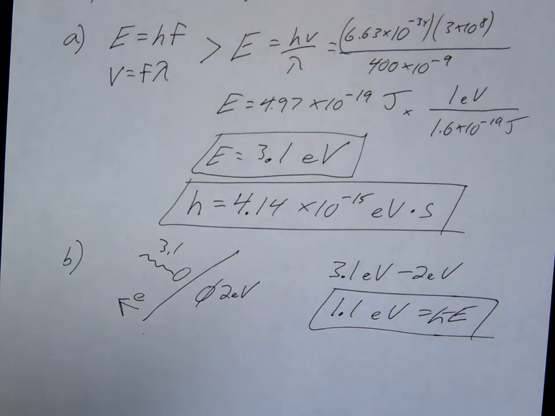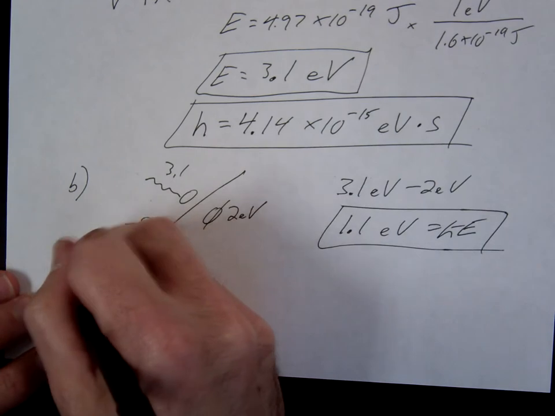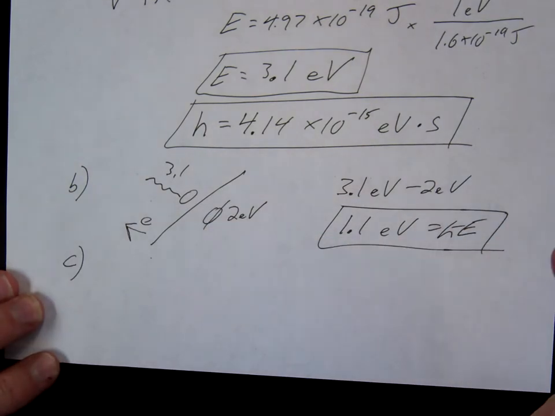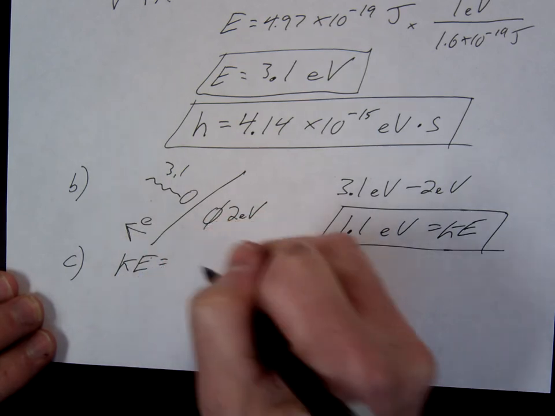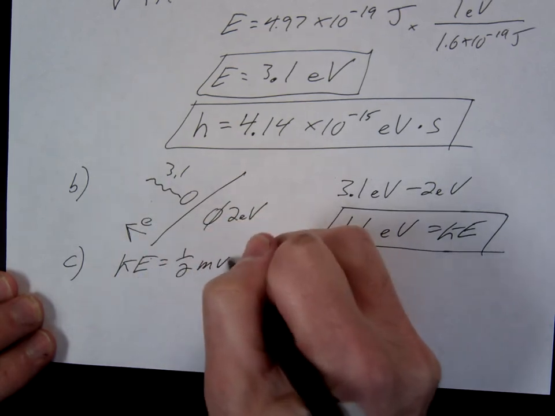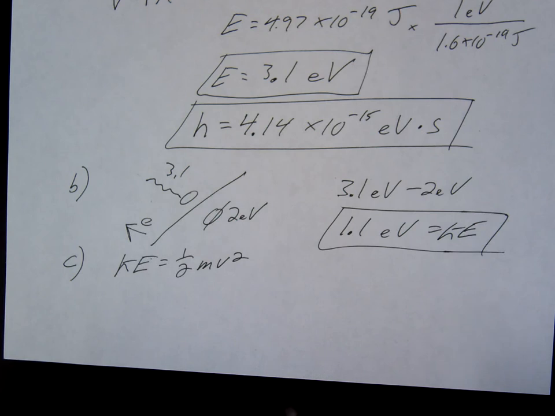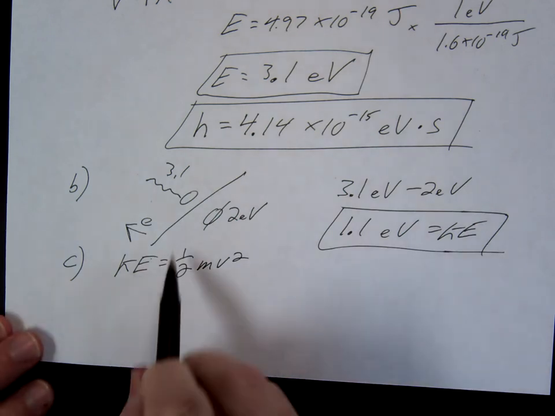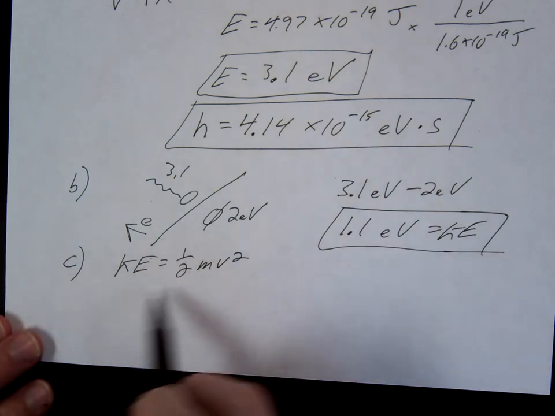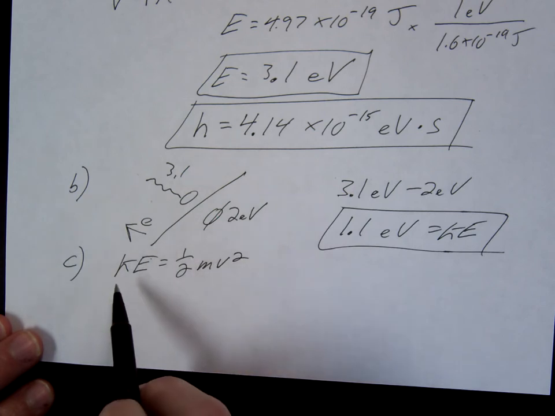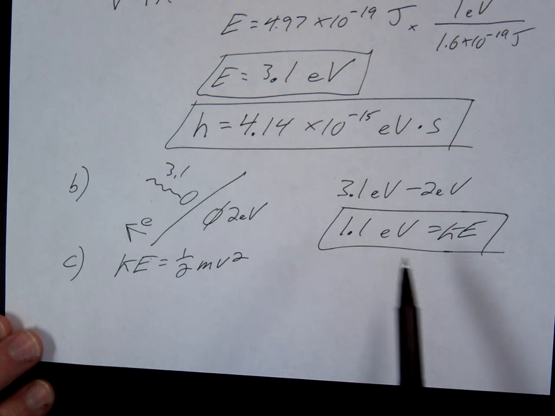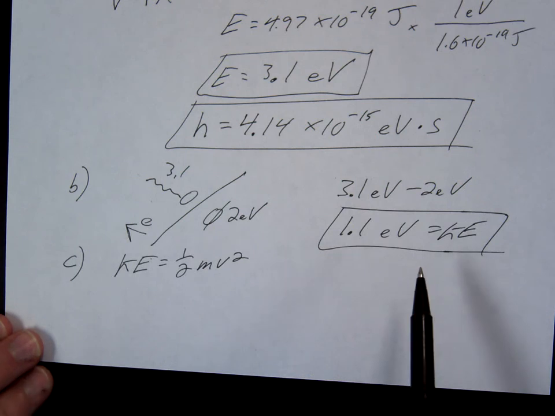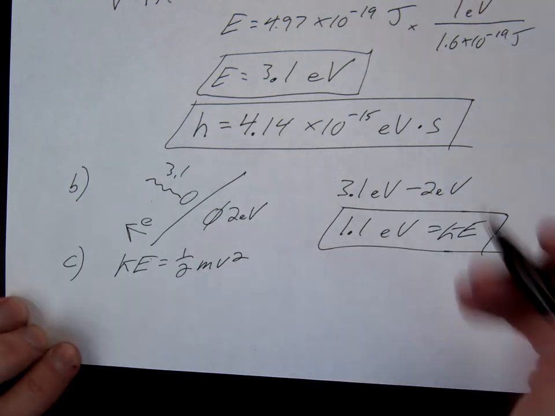Okay, how are we going to find the velocity? Well, this is a kinetic energy. What's our equation for KE? 1/2 mv squared. Now this kinetic energy is based on which unit? Joules. So regardless of what you calculated here, you have to convert this to joules. Okay? So let's do that.